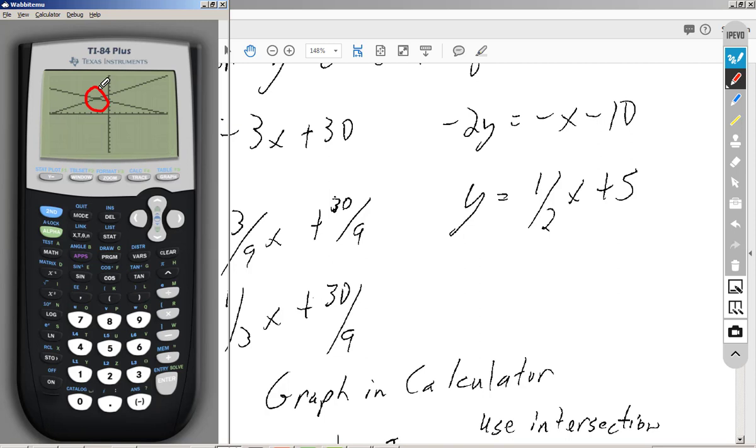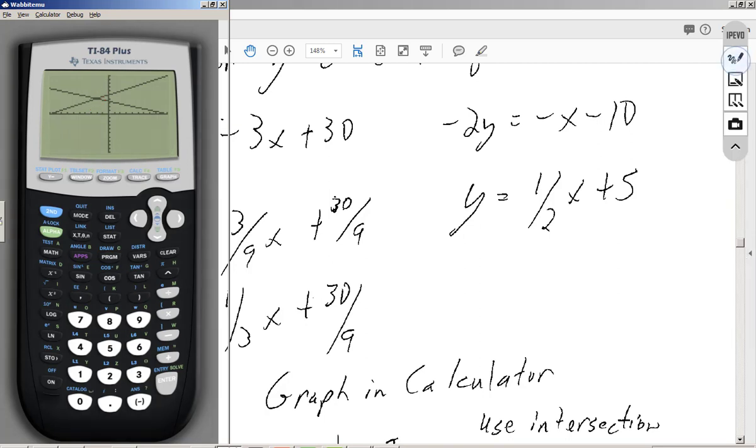But to actually check, use your calculator to find that answer. So to use your calculator, you go to second function, then you hit calculate, and notice number 5 stands for intersection. So you hit number 5, and it's going to ask you for the first curve. You just hit enter.